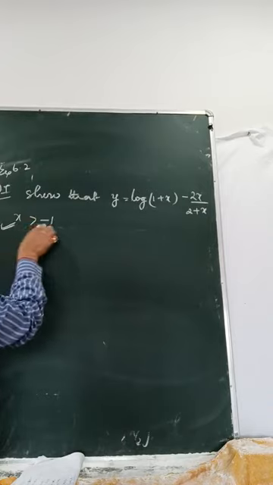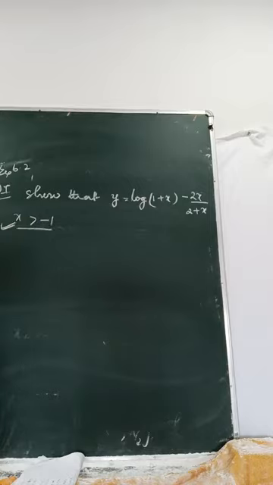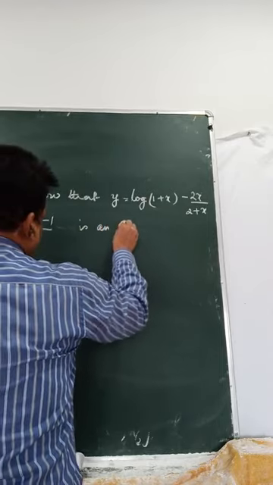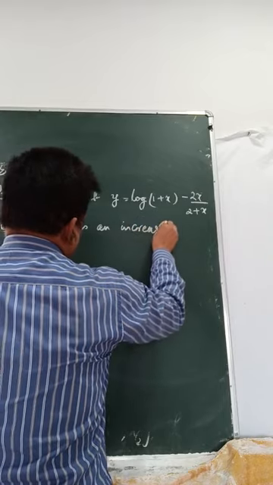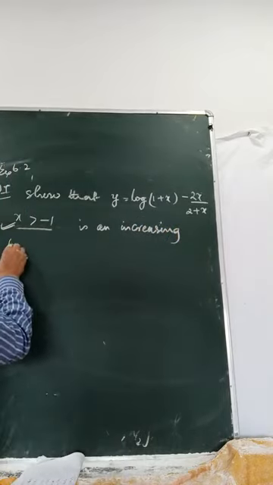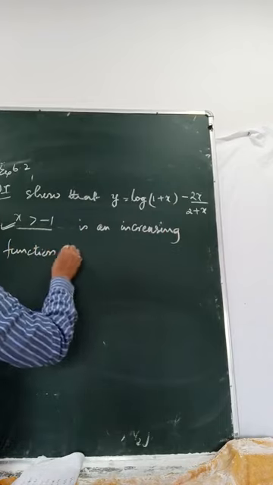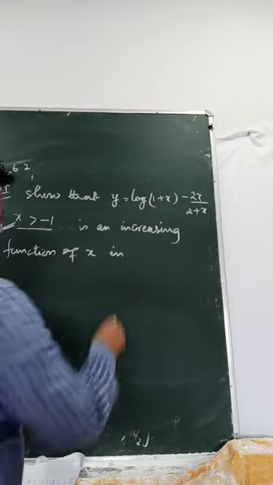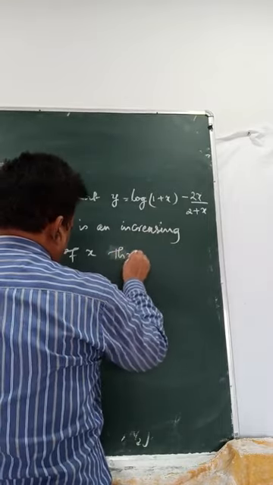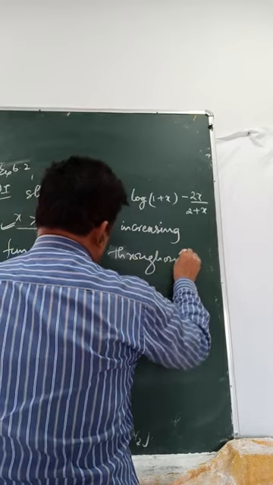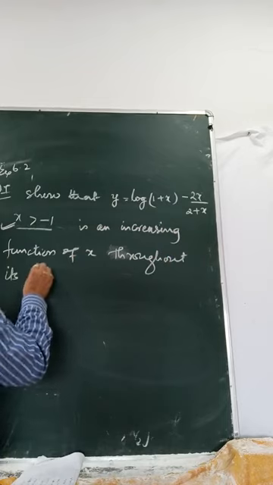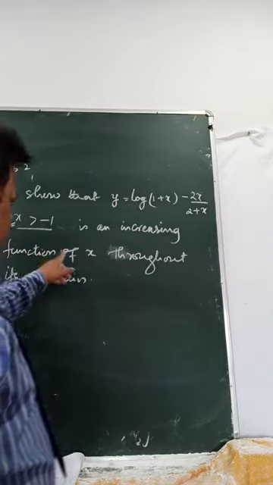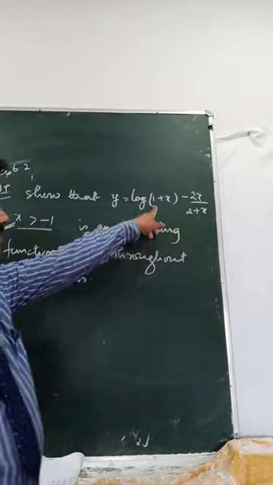This point is very important: y is an increasing function of x throughout its domain. Okay, method is same. Just have to show that f dash x would be greater than 0.